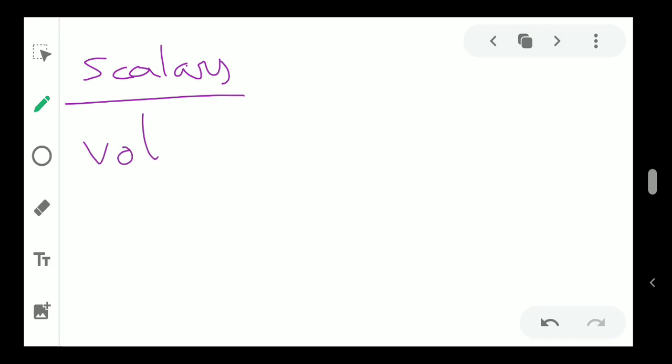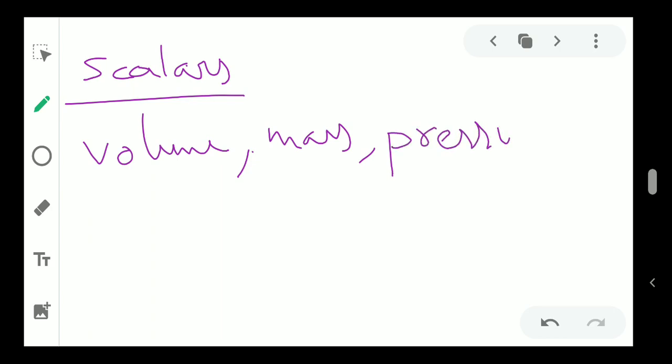Okay, now what are scalar quantities? Scalar quantity means the quantity that does not have any direction. Scalars, like volume, you don't need any direction for volume, right? Volume, mass, you say this is 5 kg, you don't say this is 5 kg in this direction, right? So it doesn't depend on direction. Later on you will know that pressure, though it is dependent on force, but due to some reason pressure also does not have any direction.